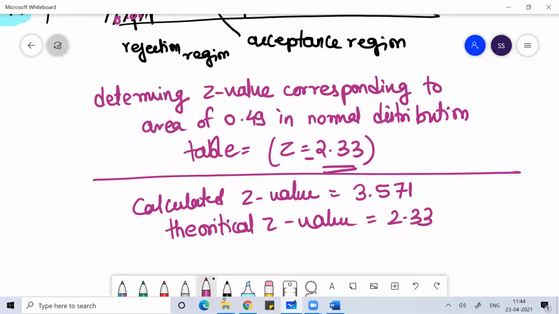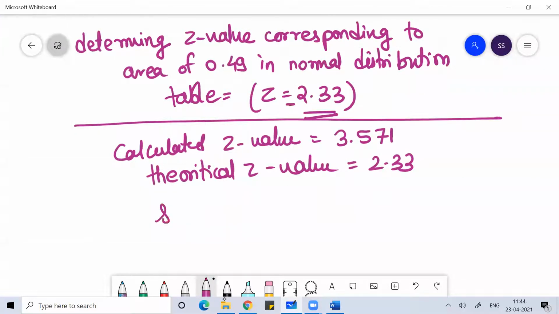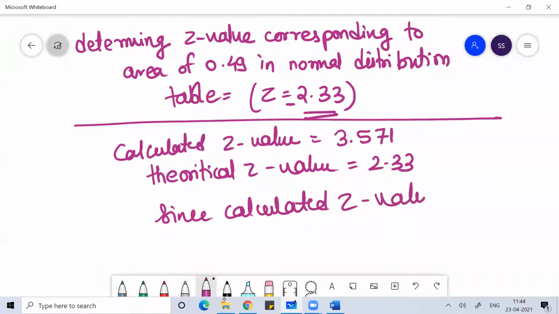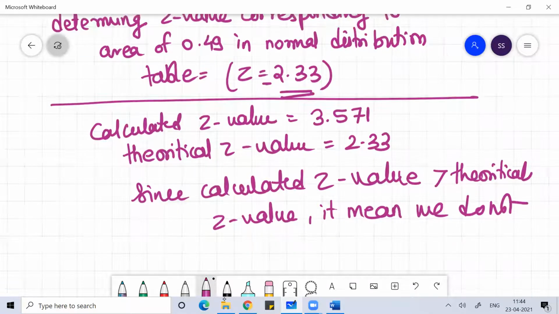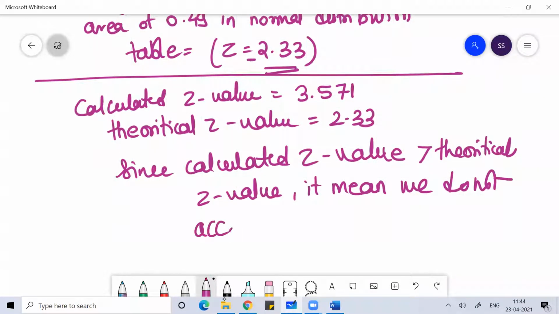Since the calculated z value is more than your theoretical z value, it means we do not accept the null hypothesis.